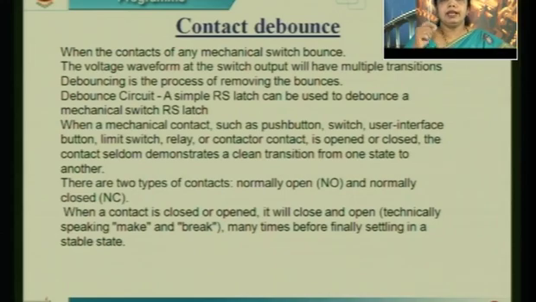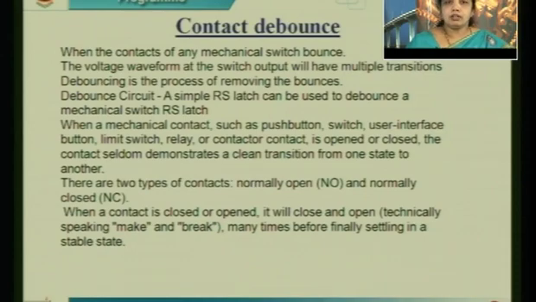It takes a while to finally settle down to a stable state. Debouncing is the process of removing these bounces. Whenever I press a switch, it bounces from 0 to 1, 0 to 1, and finally settles down. In order to remove this bouncing, we call it debouncing.